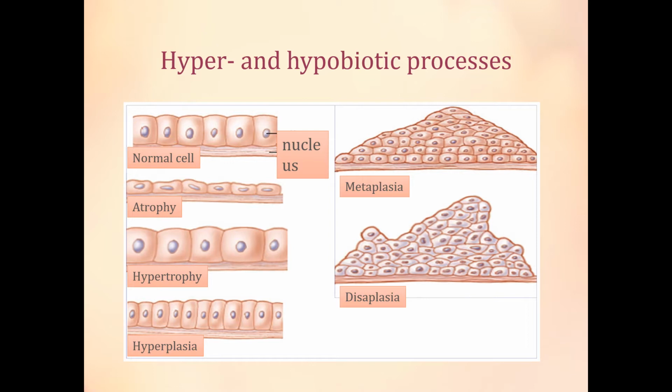This includes atrophy, dystrophy, degeneration of tissue, and hyperbiotic processes are accompanied by increased growth of the cells and tissue. These include hypertrophy, hyperplasia, regeneration, metaplasia, dysplasia, and at last neoplasia.